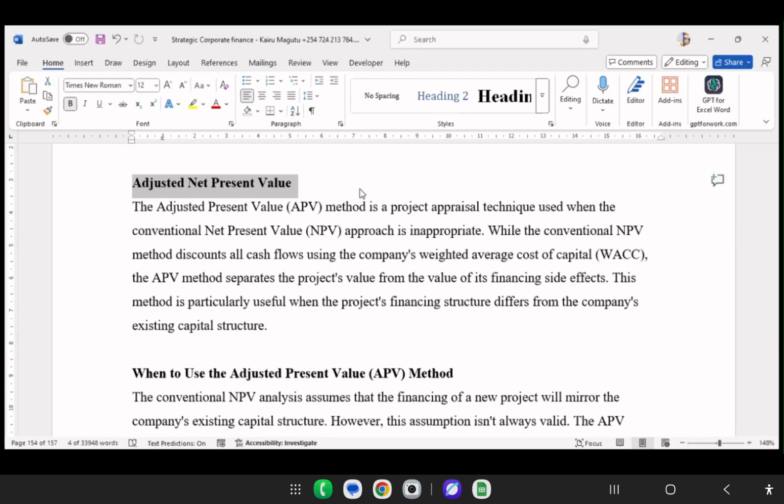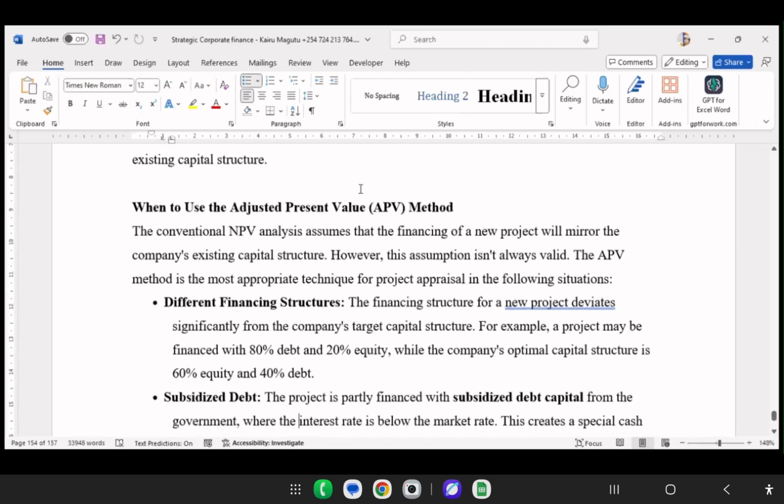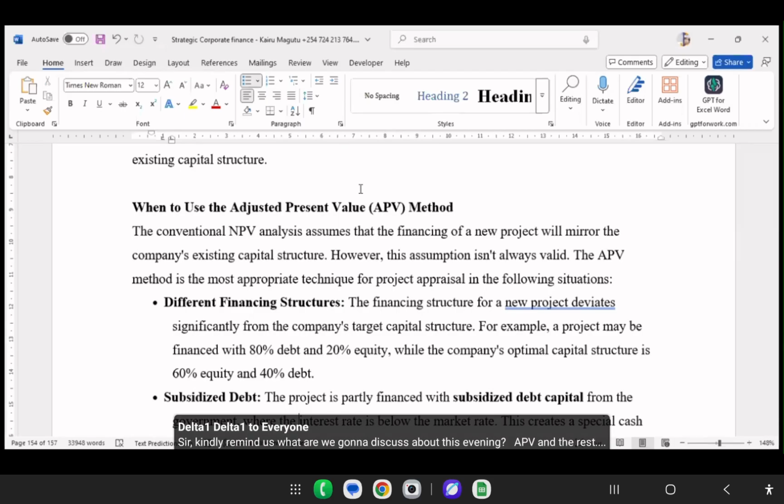The conventional net present value analysis assumes that the financing of the new project will mirror the company's existing capital structure. However, this assumption isn't always valid.